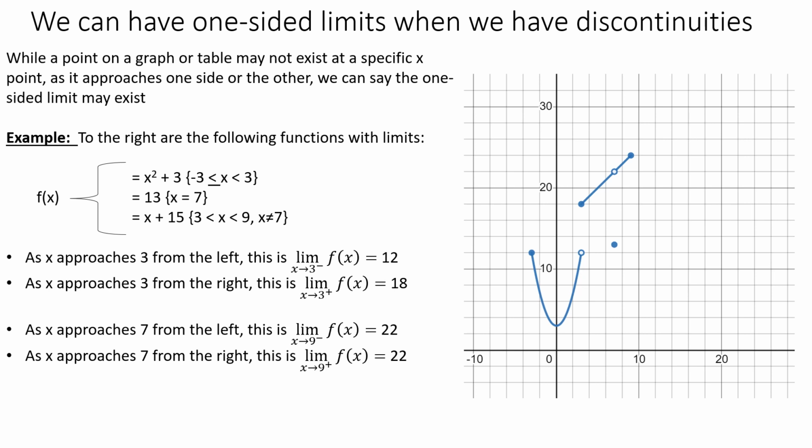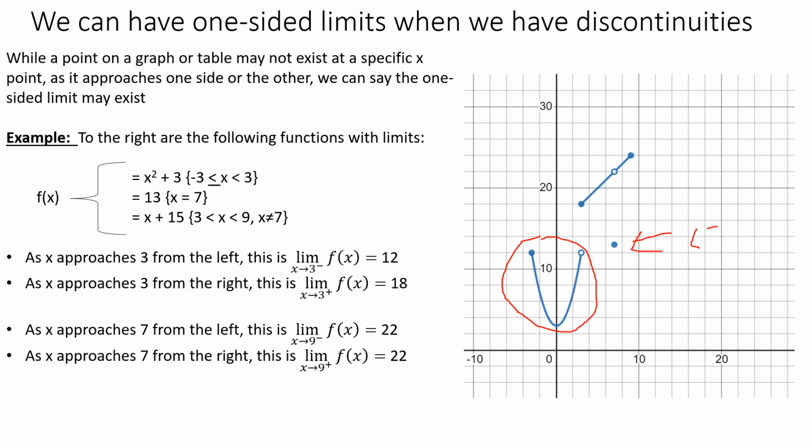Now that we've covered limits and discontinuities, let's take a look at this. What I have here is a series of equations. x squared plus 3 from negative 3 to 3, that's this right here. f of x equals 13 at x equals 7. Here is 7 and there's 13.